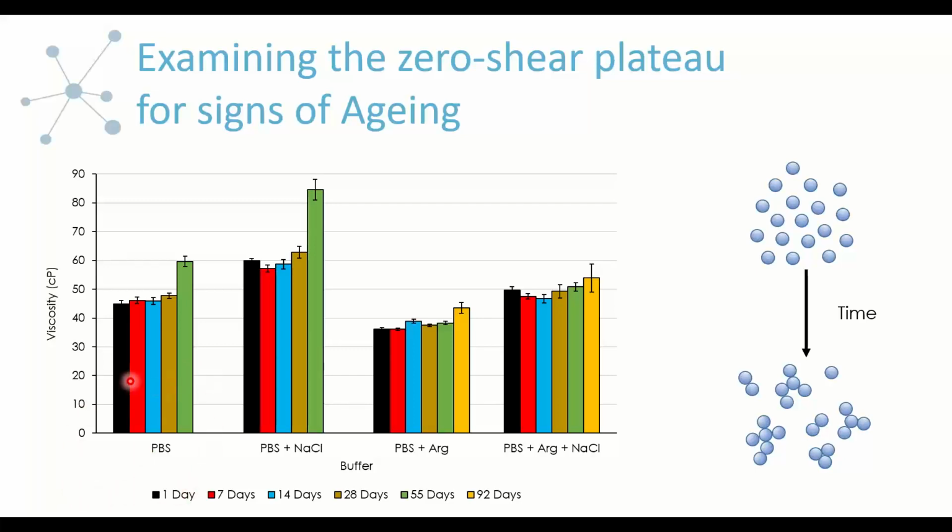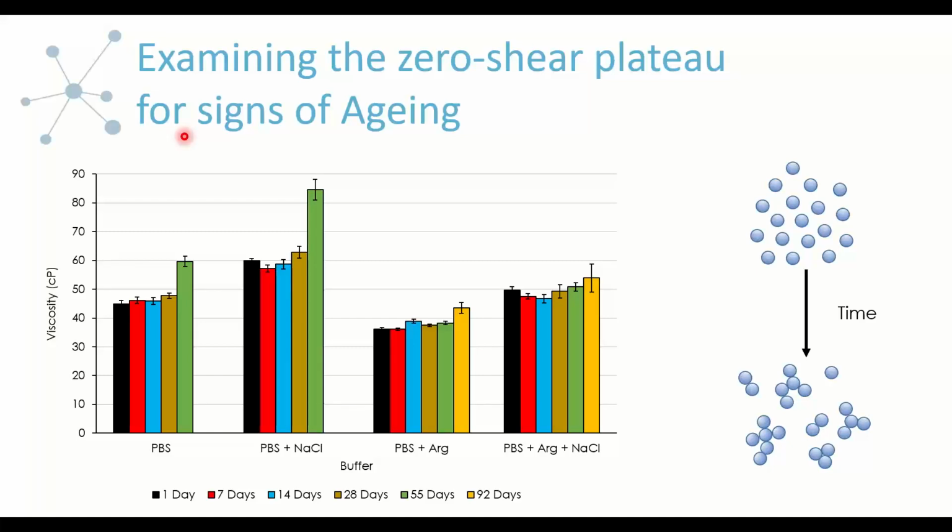So here, with PBS, we have a maximum increase of about 32.8% between day 1 and day 55. And then with the high ionic strength formulation, that increase bumps up all the way to 41%.